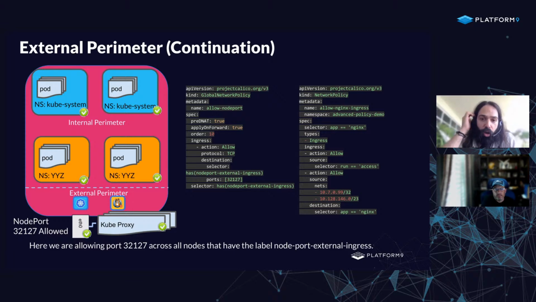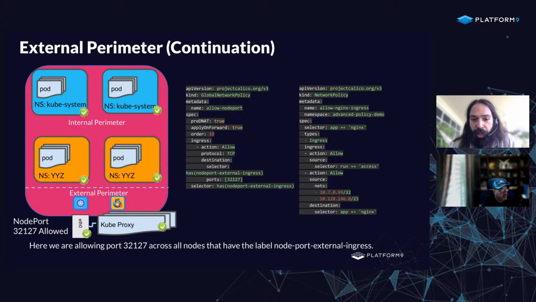All right. On the right hand side, if we look at the network policy called allow in nginx ingress, what we are going to do now is allow the traffic that is coming over the node port to the application. The ingress type and the source are kind of self-explanatory at this point.